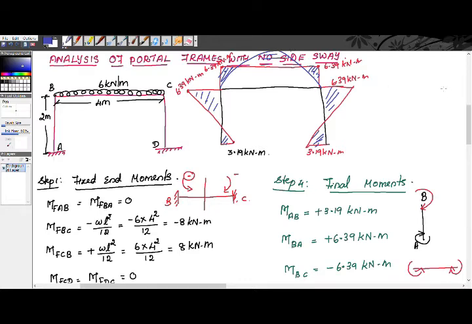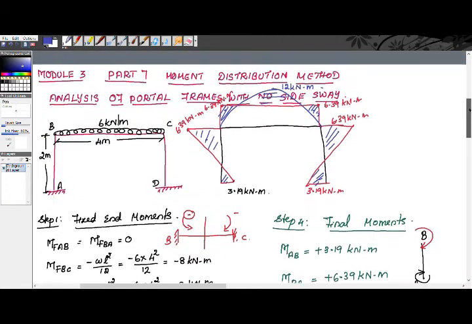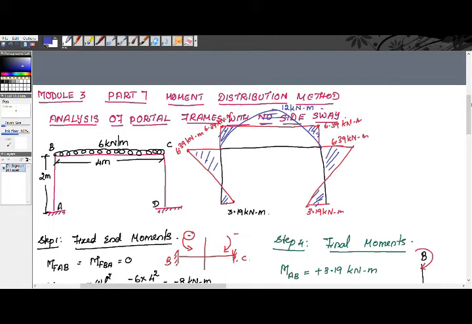Now we will draw the deflection diagram. So how will we draw the deflection diagram? See, from this point, here there is a point of contraflexion. Here we have a point of contraflexion, here we have a point of contraflexion, and here we have a point of contraflexion.